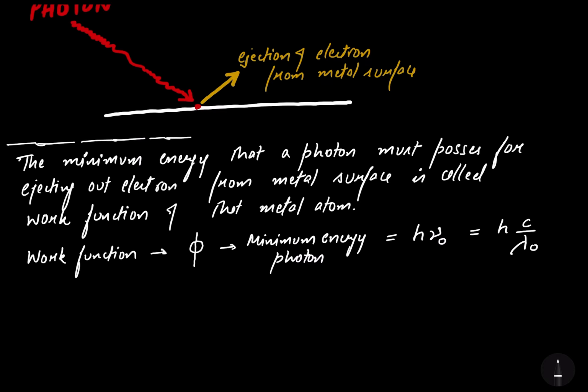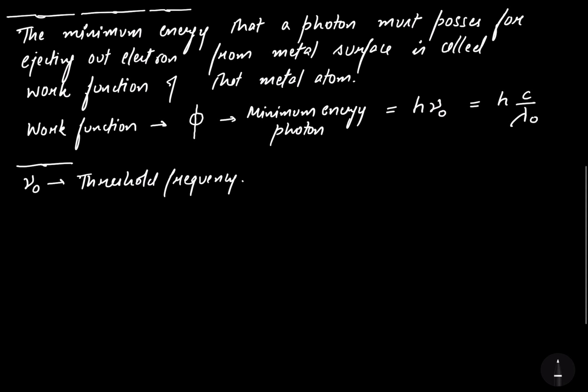So now let's talk about it. What is nu naught? The nu naught is called threshold frequency. What is threshold frequency? Energy of a photon is directly proportional to the frequency.